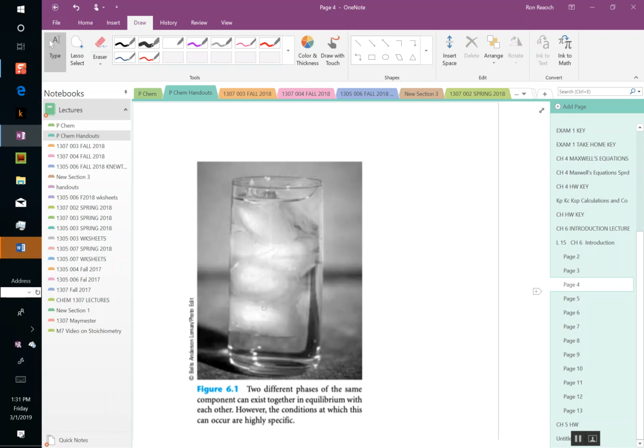At 1 atm, yes. That would be an interesting calculation. For liquid water and ice, it would be fairly insensitive to pressure. If we had a steam-water equilibrium, it would be very different. So we'll get to that when we get to the phase diagrams.